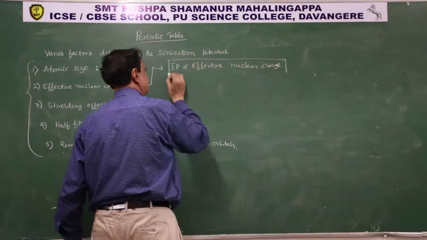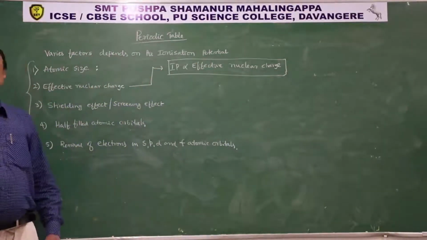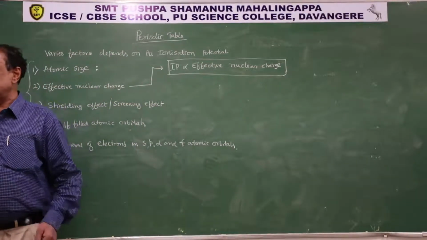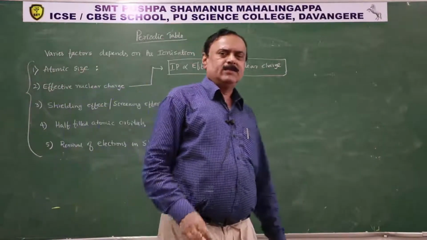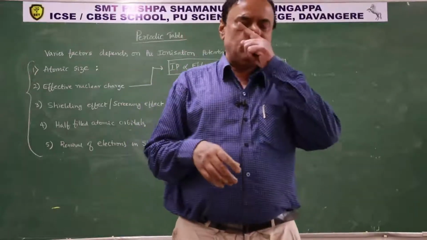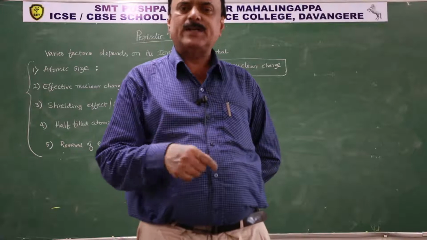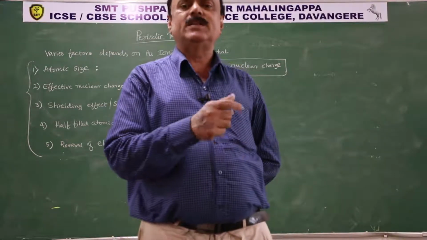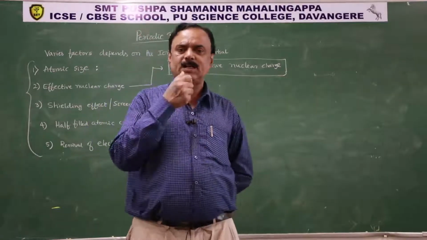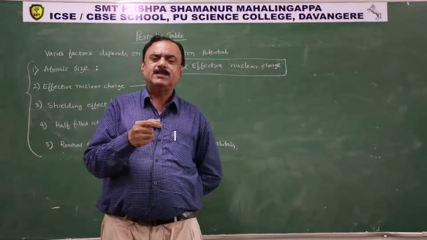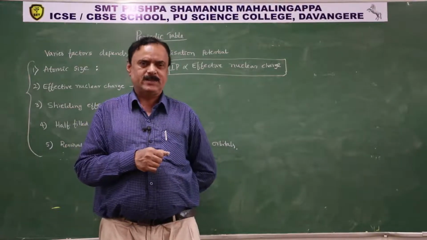This implies that the higher the number of protons within the nucleus, the more attractive force there is for the electrons in the outer shell or outer atomic orbital. Therefore, more energy is required to remove an electron in the neutral gaseous isolated state of an atom.